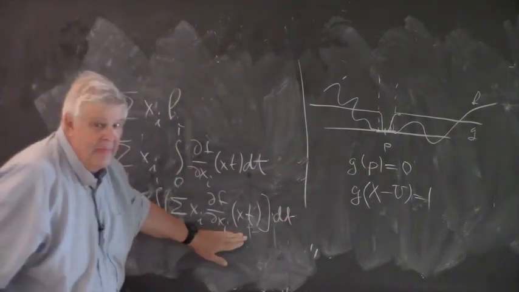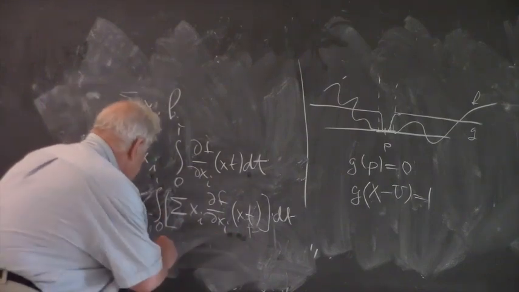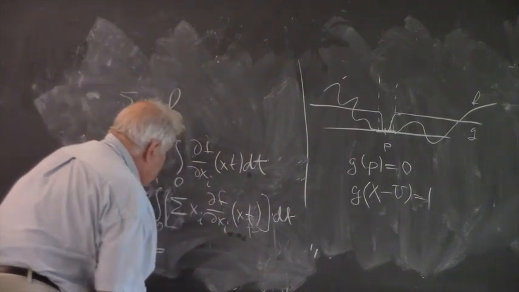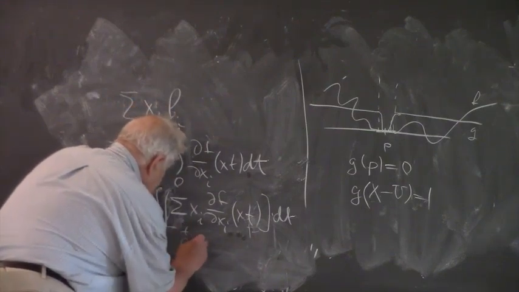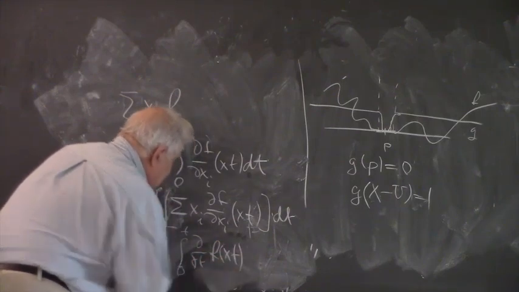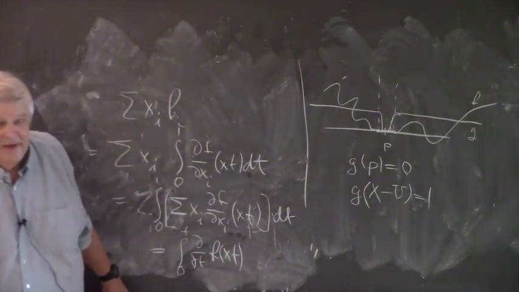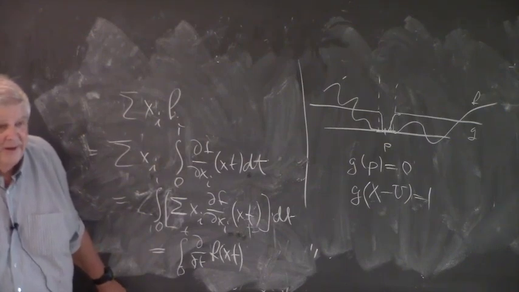Now this, according to the chain rule, which you appreciate, is equal to the derivative of f of tx with respect to t. Please don't say to me that it isn't so.